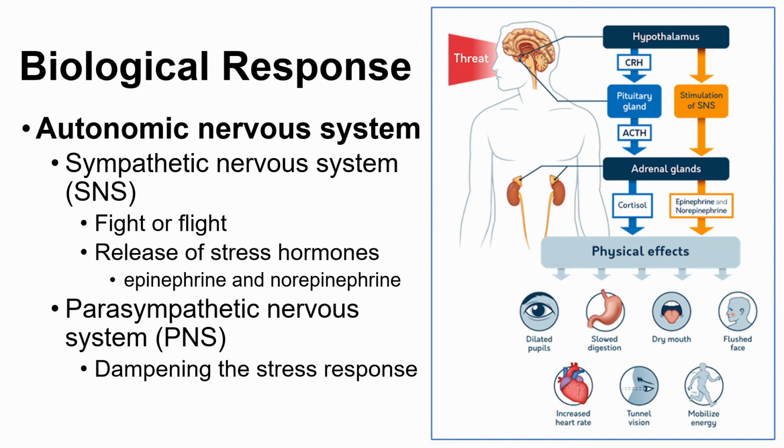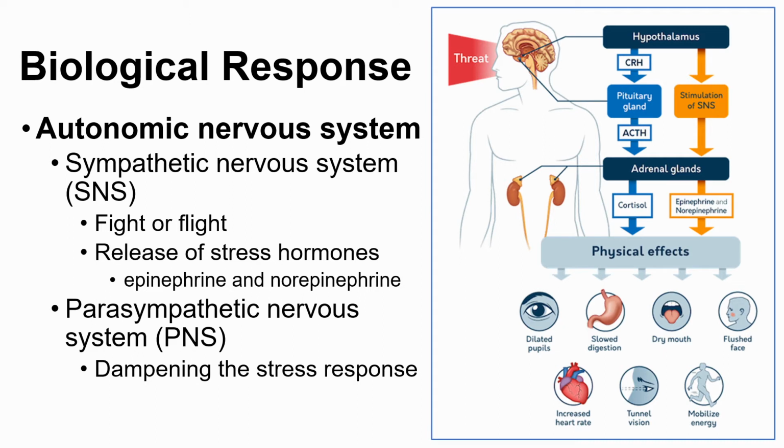Activation of our sympathetic nervous system promotes the release of stress hormones, a group we call the catecholamines. But mostly we're going to call these epinephrine and norepinephrine, because those are the two most common of those hormones.